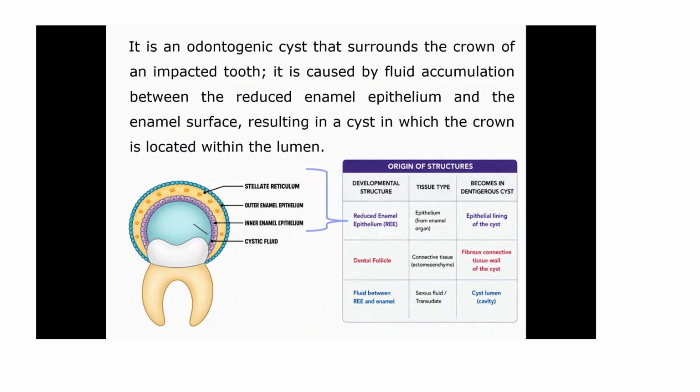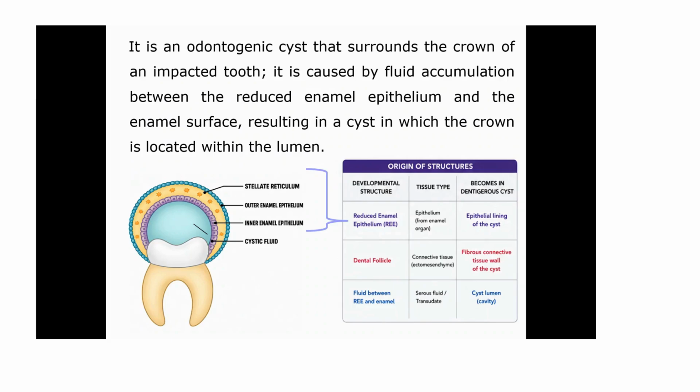Now, there are a few things I want you all to understand, which is what is reduced enamel epithelium. To cut it short, when inner enamel epithelium, stellate reticulum, and outer enamel epithelium combine together, they form what is known as reduced enamel epithelium. So basically, your enamel organ is going to form your reduced enamel epithelium, and the tooth is going to be below.